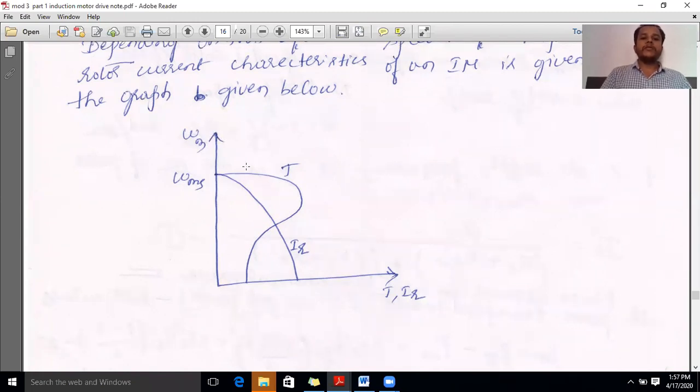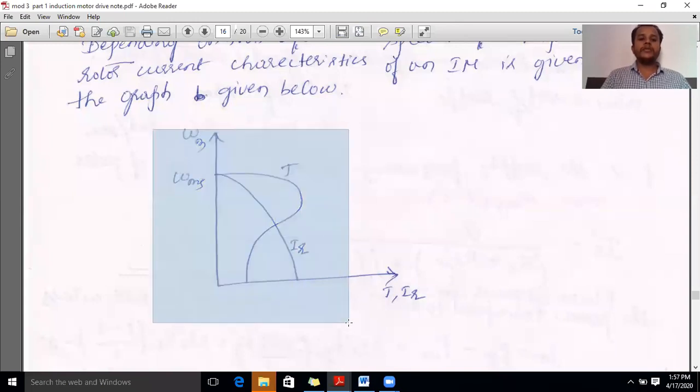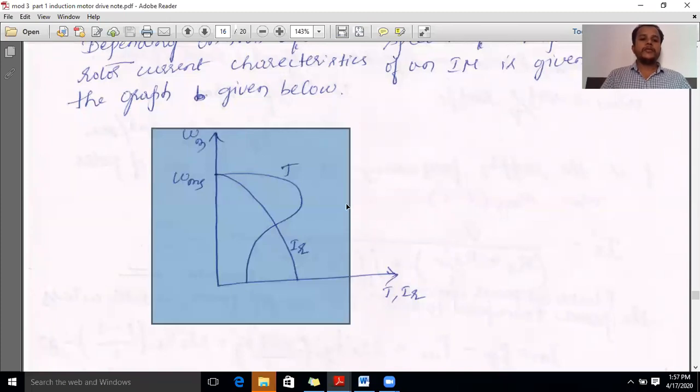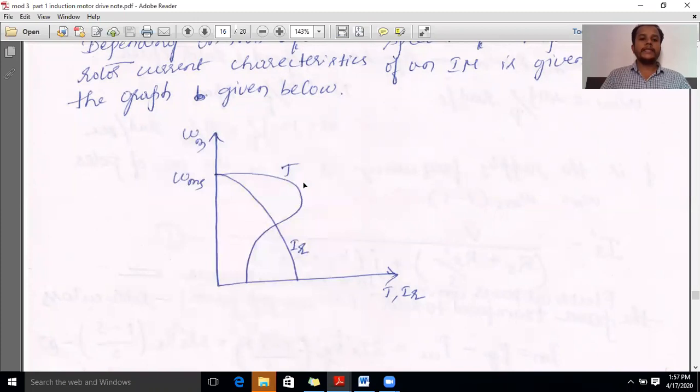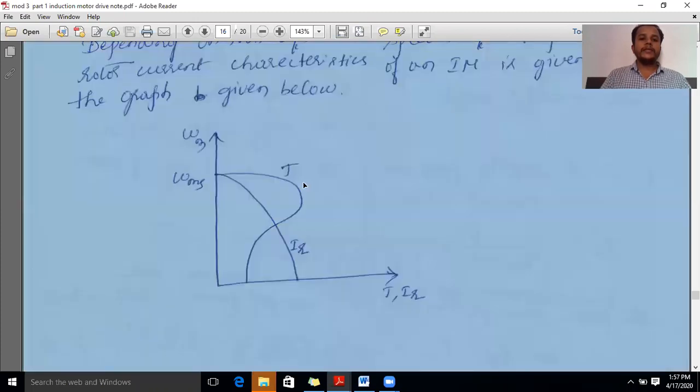Here we have got two equations, that is for T and for I_R. In this particular curve there are two axes, and let us say, this quadrant.